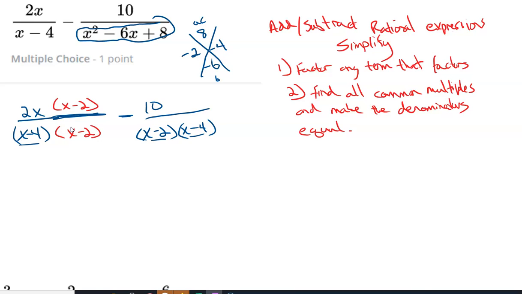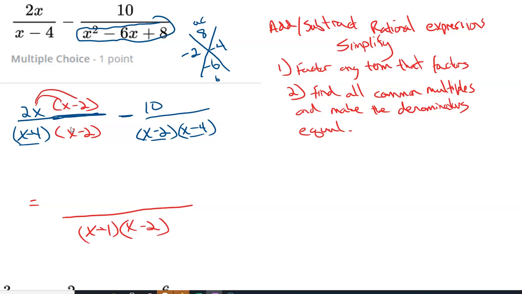And once the denominators are equal, when you're adding and subtracting fractions, you can go ahead and combine these two fractions now. So this is going to be equal to, and the denominator, when you add or subtract fractions, stays the same. So the denominator is going to be x minus 4, x minus 2. All right? So let's look at the top here.